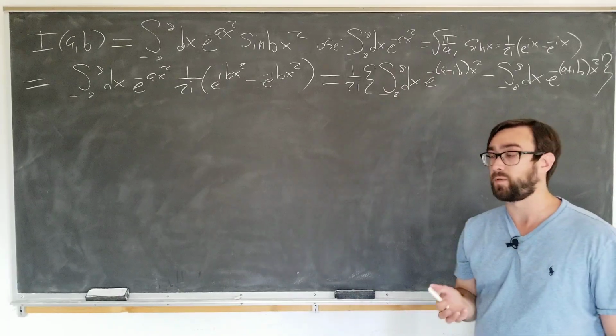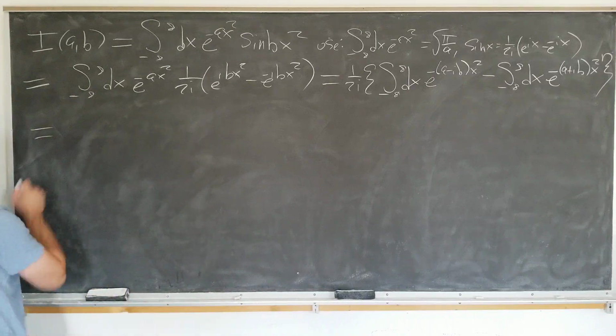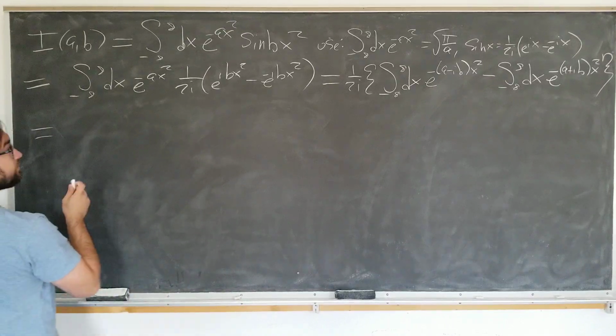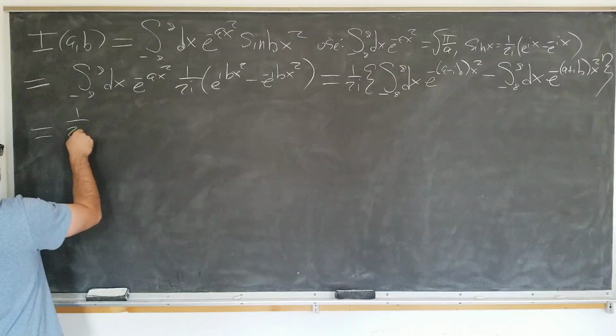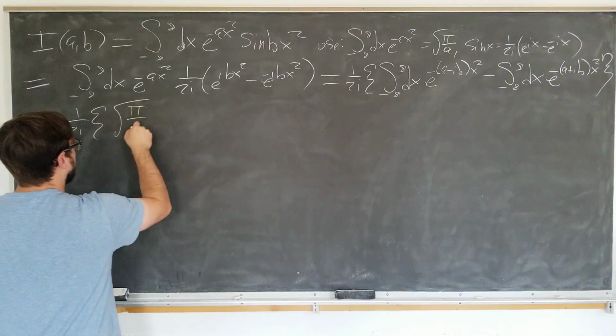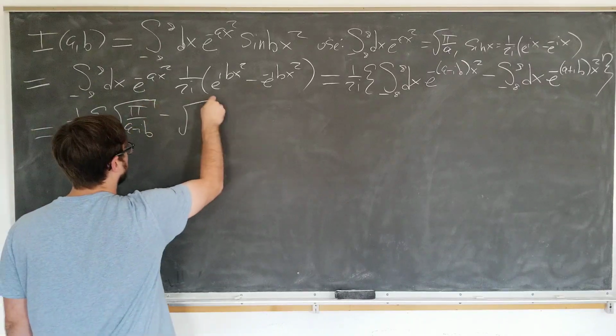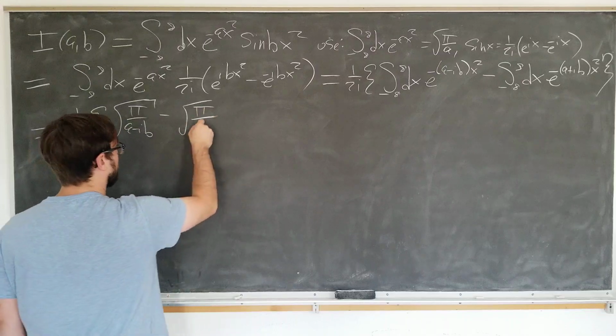It's really straightforward. So doing the integral is not the hard part about this problem, but transforming it back to real space is. So this is just 1 over 2i. Then we have square root of pi over a minus ib. Then we have minus square root of pi over a plus ib.